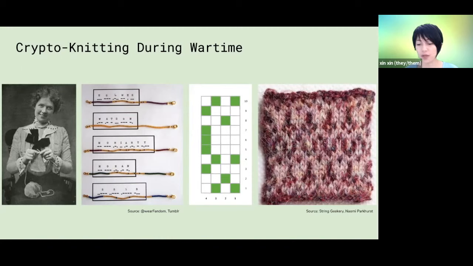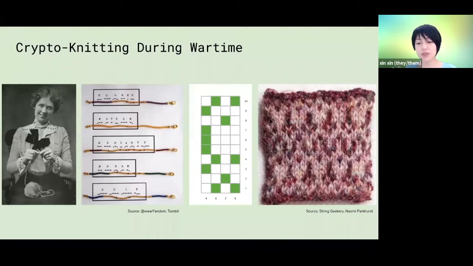So a couple of different spies and resistance fighters during World War I and World War II, such as Felice Latour Doyle, were among the earlier spies who are said to have used this practice to deliver messages using knitting as a kind of medium.